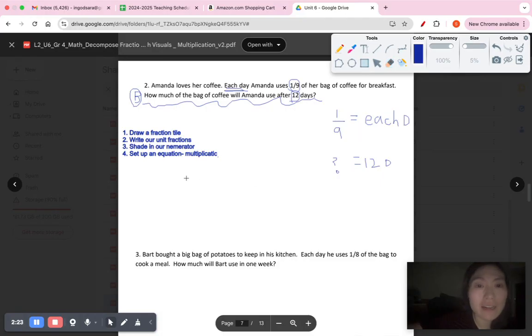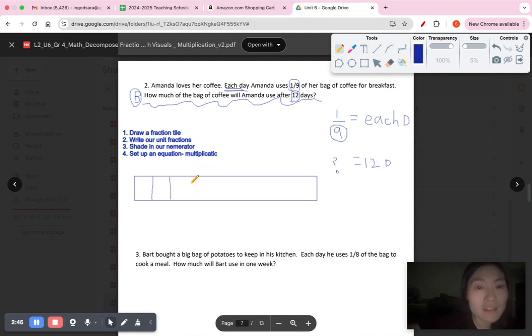Yes, you're correct if you drew one fraction strip like this, which indicates one whole. And how do I know how many equal parts I should divide this into? Yes, you're looking at the denominator, which tells you how many equal parts of a whole that you have. So I'm going to try my best to partition this one strip into 9 equal parts.